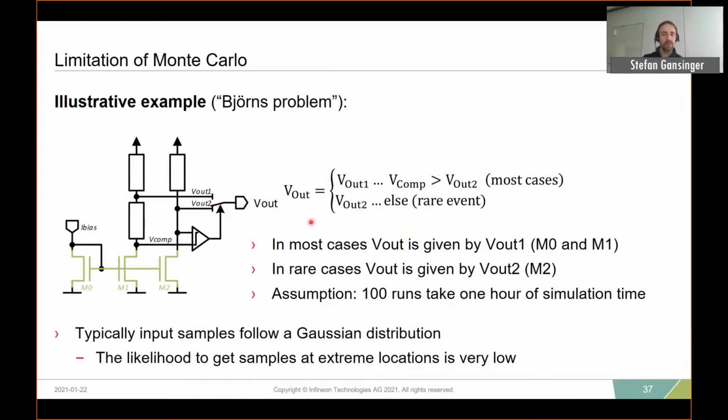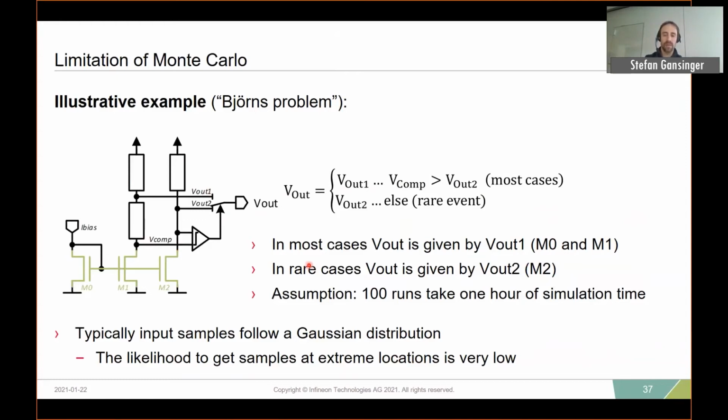Let's make an assumption about the simulation time. Let's assume that when we do 100 Monte Carlo runs, this takes about 1 hour. Of course, for this circuit, it might be too pessimistic, but for a typical analog design, I would say this is a good assumption, and we use this for illustration in this example.